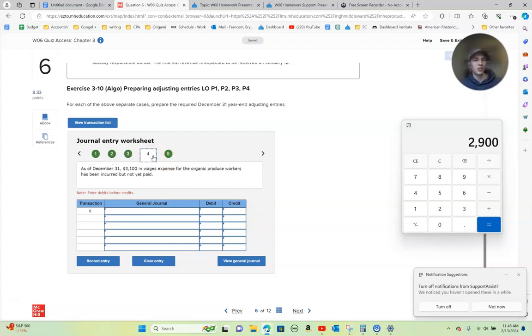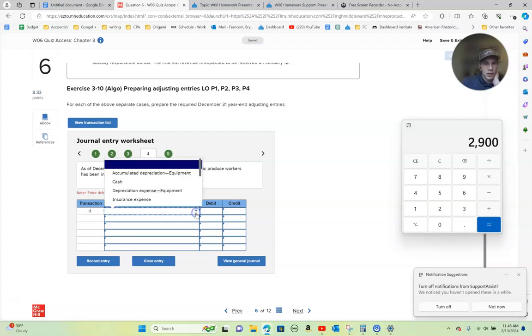Let's go on to question 4. As of December 31st, $3,100 in wages expense for the organic produce workers has been incurred but not yet paid. Right? They owe their employees $3,100, but they have not paid it yet. So we're going to put that in. They have that expense, right?